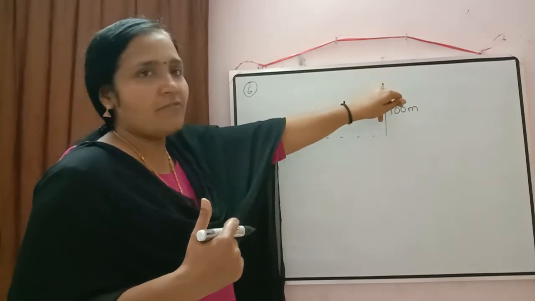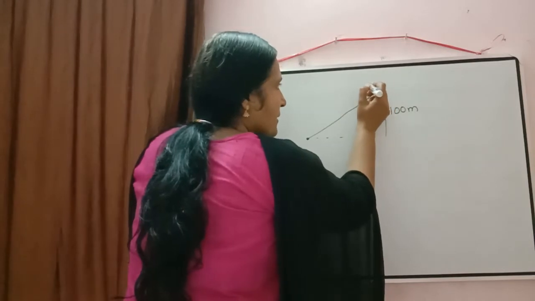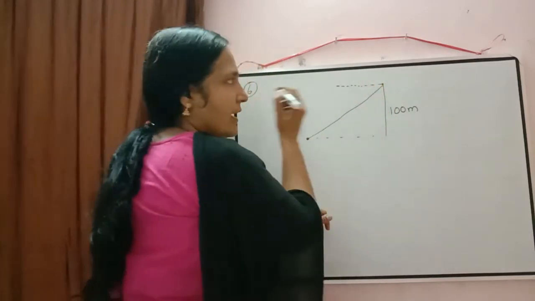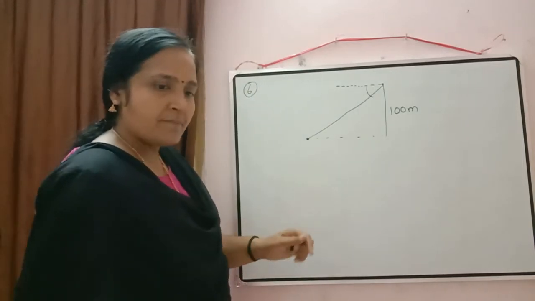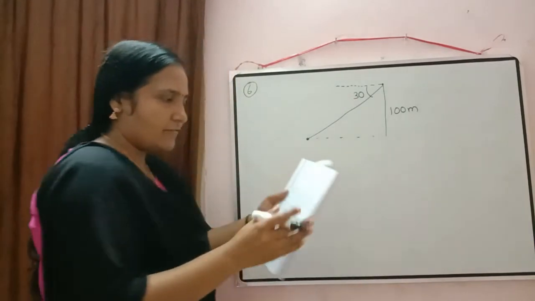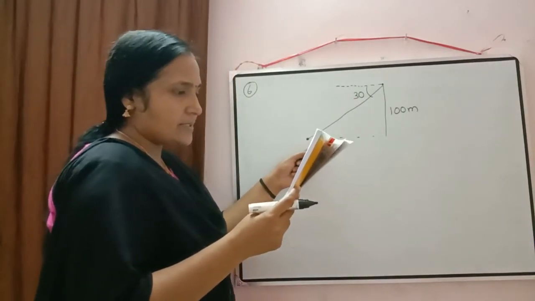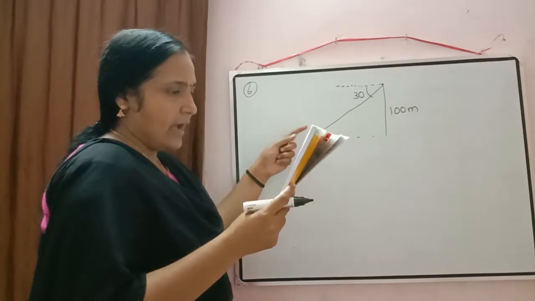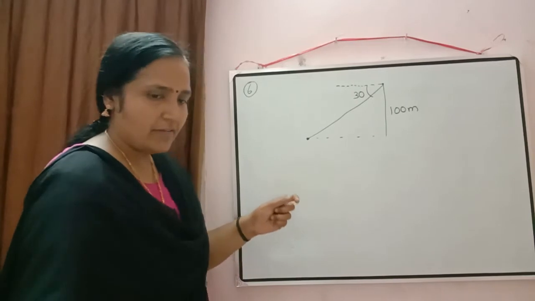So we are looking from this point, so from here we have to draw a horizontal line to represent the angle of depression. How much is given? 30 degree. So first this was the position of the ship and it is moving towards the lighthouse, and at some point the angle of depression changes from 30 degree to 45 degree.